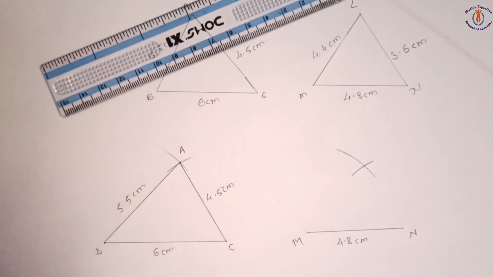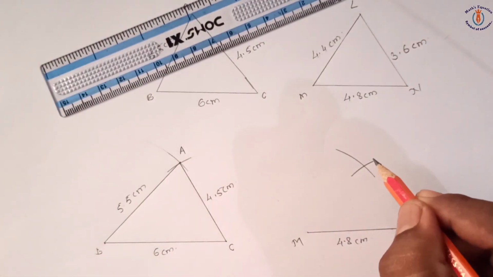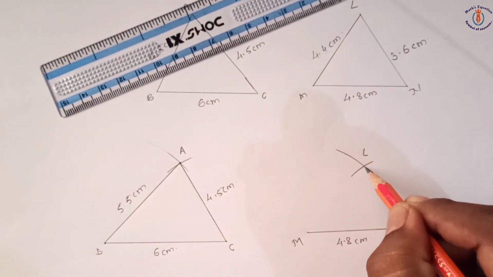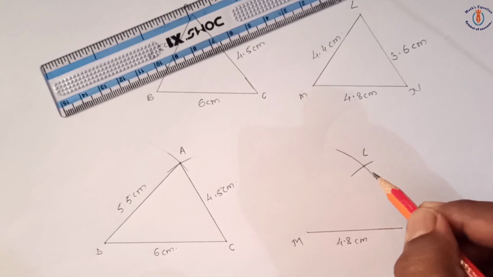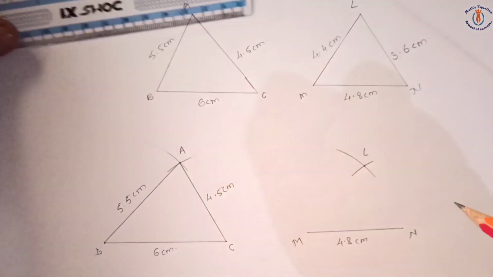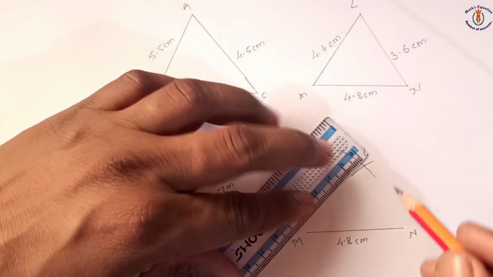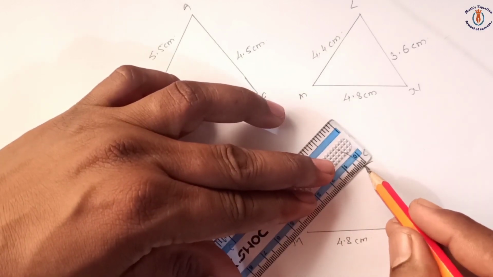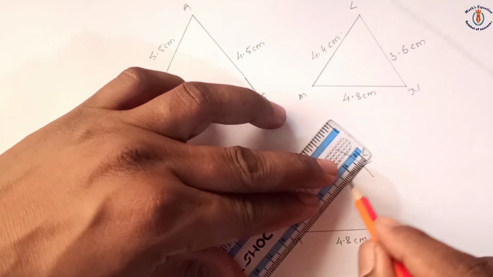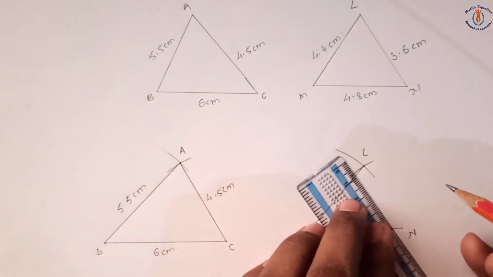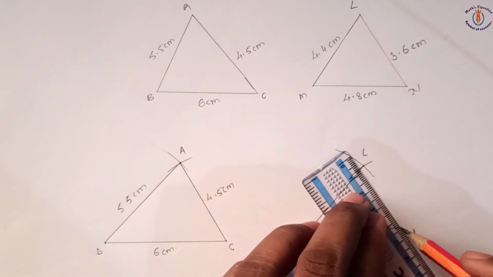Now this point of intersection of both arcs is L. Let's join this point with M and N so that we get the triangle. And this N with L also.